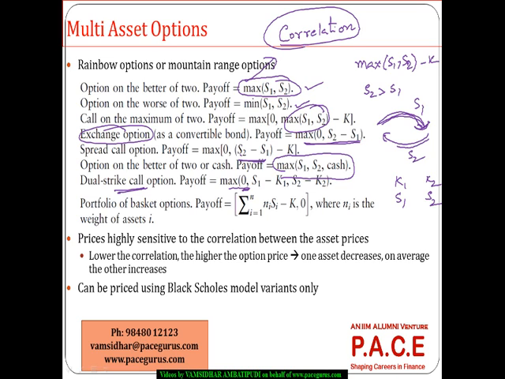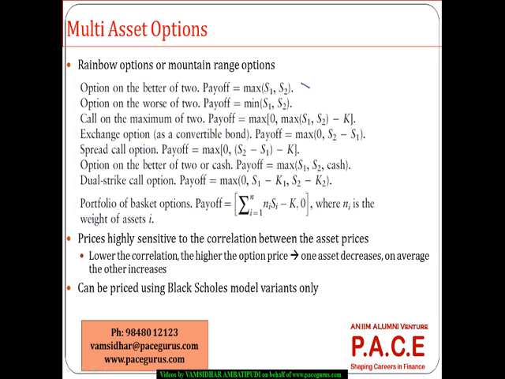Now, if both of them are going down, I may not get anything big. Even in this maximum of S1, S2, I may not get anything big. Even here, both of them are going down, I may not get anything big. Even here, the same. Only if one of them is going down and the other one is going up will I get a higher value, either in this or this or this or this. So lower is the correlation between them.